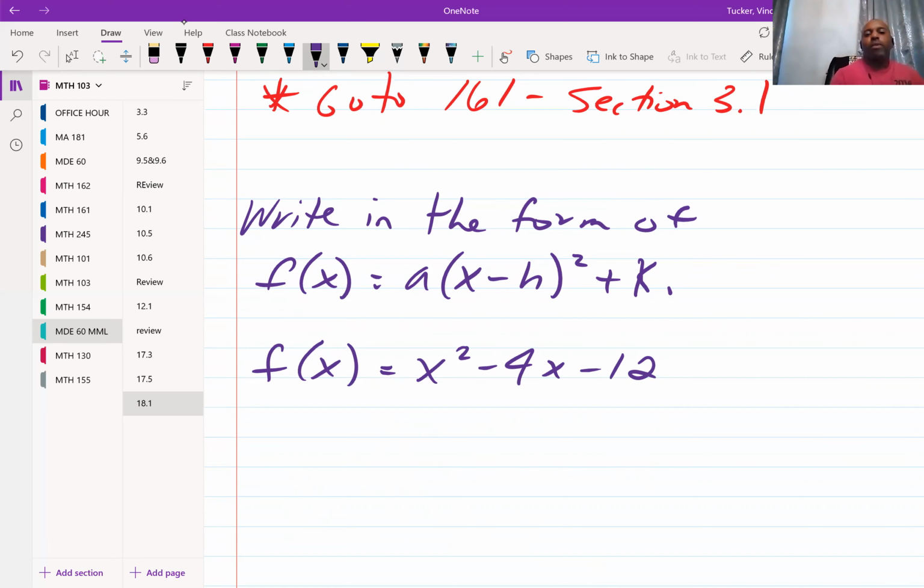Just in case they give you this, I don't believe I did one where they ask you to write this in that form, where they give you the general form initially and ask you to convert it to this form.